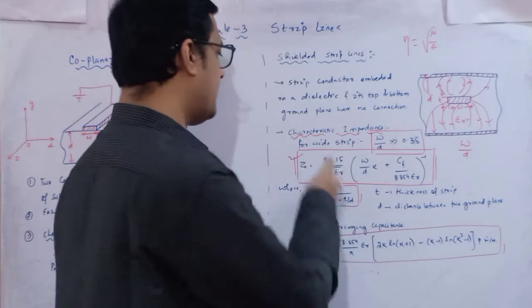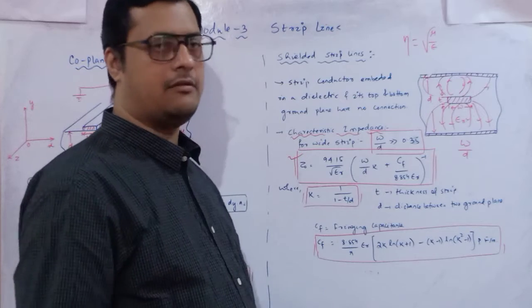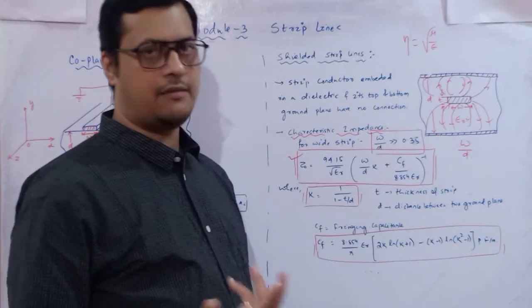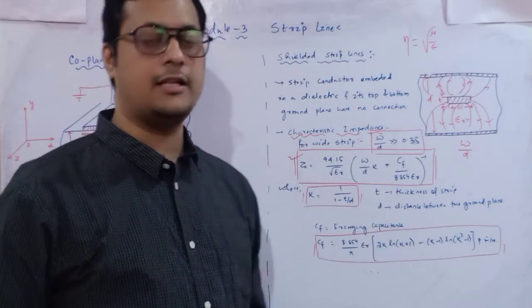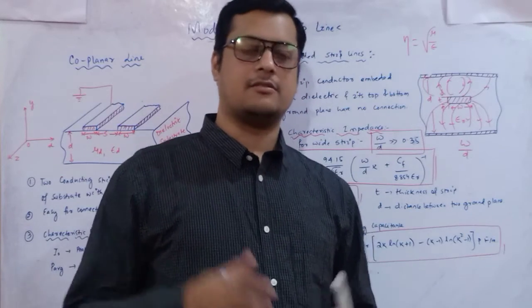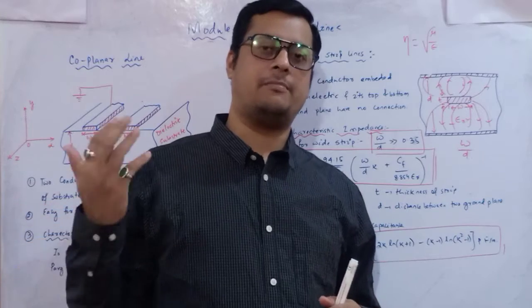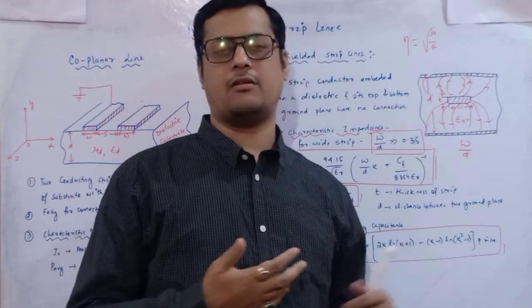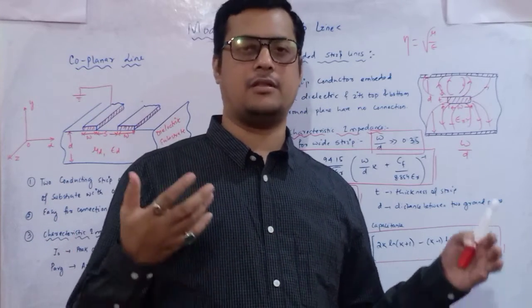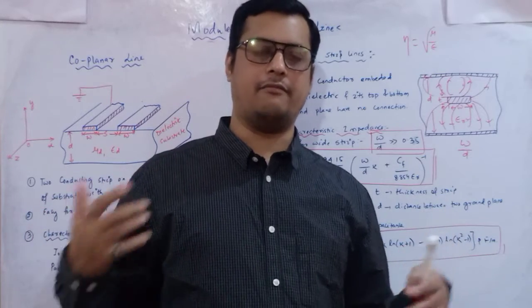Suppose Z0 we have to calculate, K value is given, Cf is also given, epsilon r is given, we can easily calculate the characteristic impedance. So these are the two lines which are left, the parallel and the microstrip line. Here we are not calculating any quality factor because the quality factor and all these things are the same for these two.